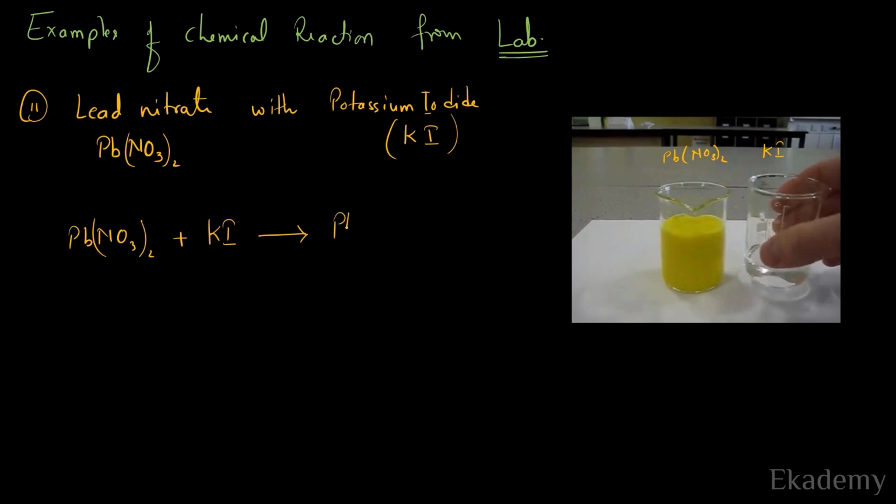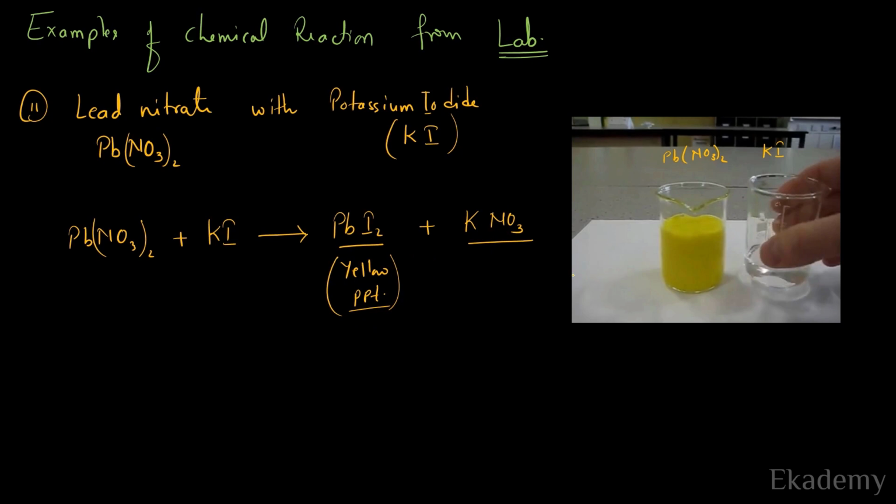One is this yellow colored substance, lead iodide, and the other substance which gets formed, which is a colorless substance, is potassium nitrate. So we have two new substances here from two initial substances. Now this is yellow in color. This is yellow precipitate. In short, it is written PPT, which is insoluble in this liquid.